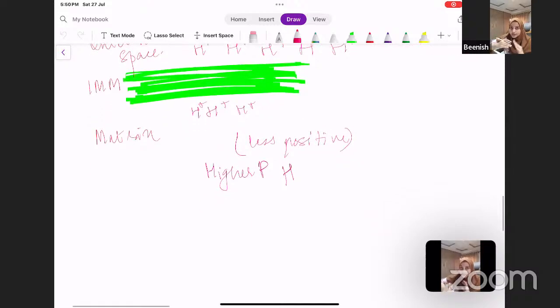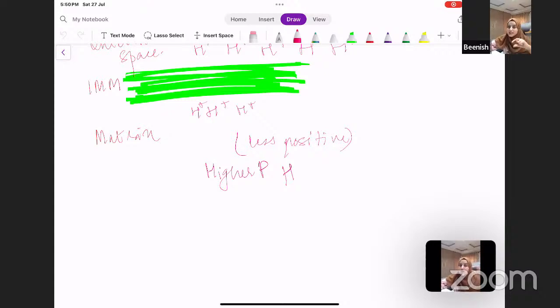I hope it's clear that because of the pumping of protons from the matrix into the intermembrane space via the complexes as the electrons were jumping, more positive charge accumulated in the intermembrane space. Because of this potential difference, the protons move into the matrix via the F naught unit, which acts as a proton channel.